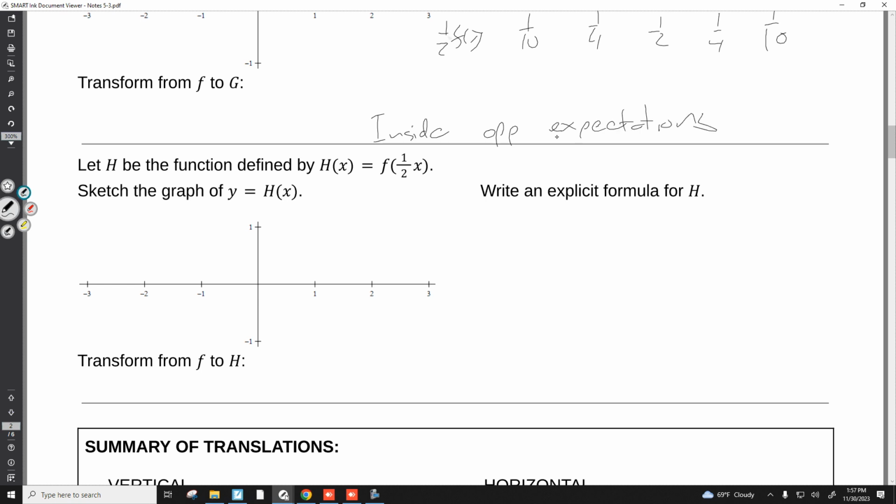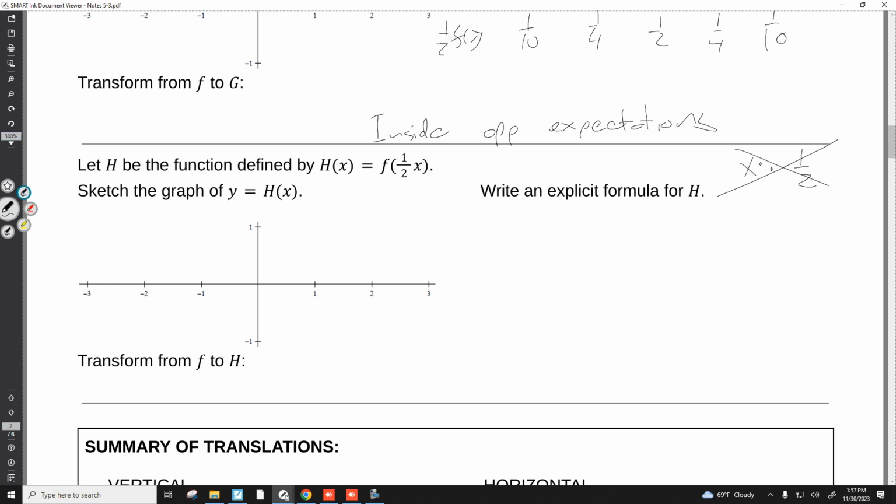It's easier to go off of what we would do. On the previous one, we multiplied our y's by 1/2. You would expect to take your x's and multiply them by 1/2. That's wrong. Inside ends up working out reverse. It ends up being the opposite of the order of operations we think. It's kind of like going backwards.